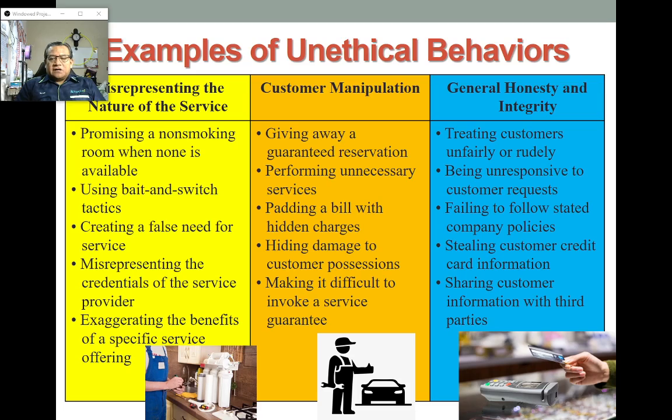Perhaps they just shrug off the complaint by the customer. And worse yet, contact personnel could sometimes steal customer credit card information and sell it to others, sell it to a bank, for example. So these are examples of unethical behavior of contact personnel representing a service organization.